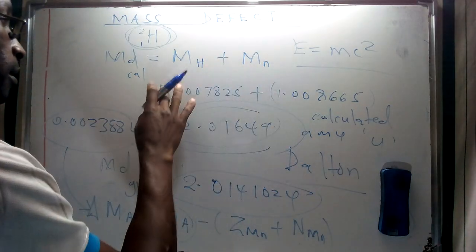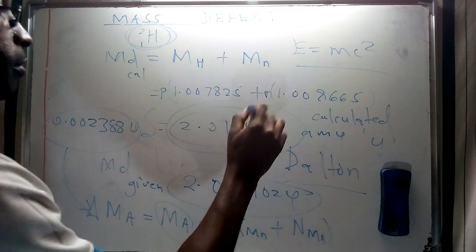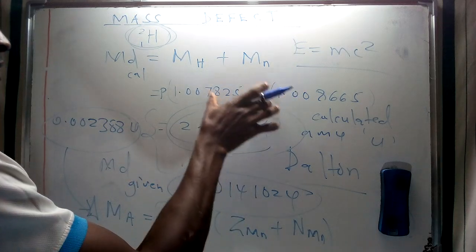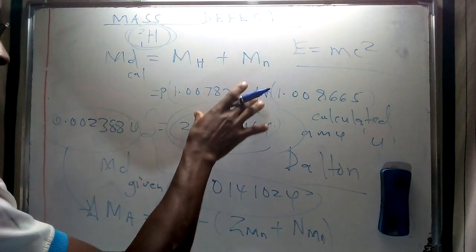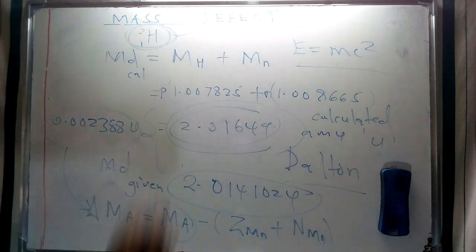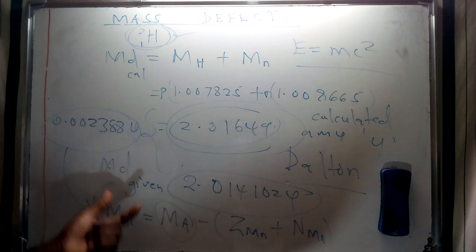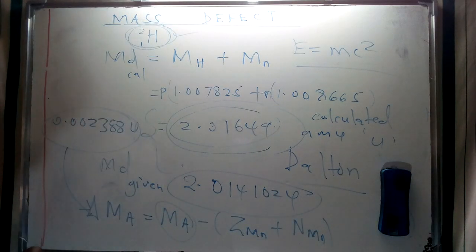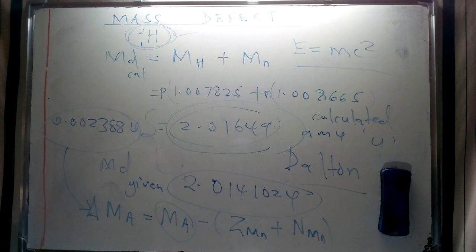Since a proton has this mass and a neutron has this mass, as these numbers increase we are going to see different values for the calculated mass and the given mass for elements apart from deuterium. That gives us the mass defect of various elements, which we are going to use heavily in finding the energy evolved during radioactive processes.